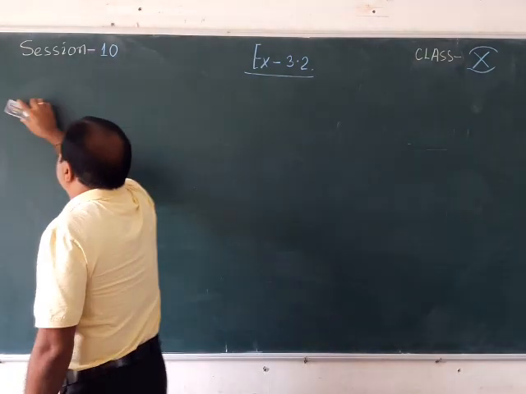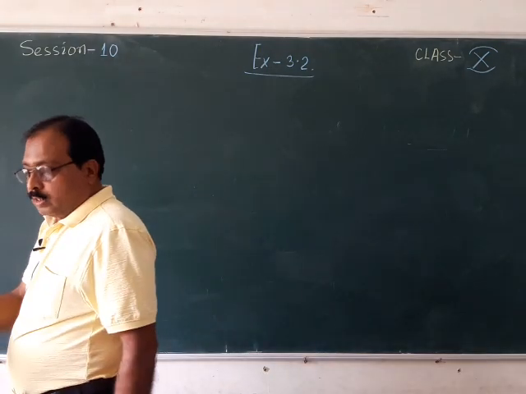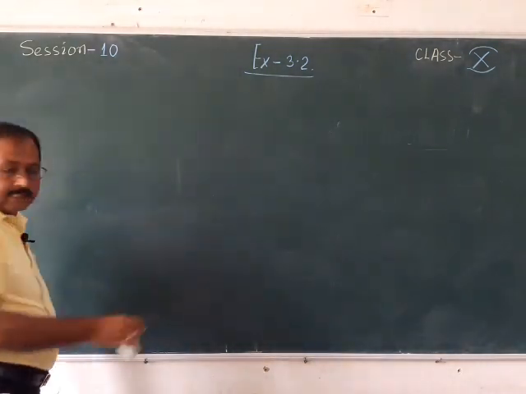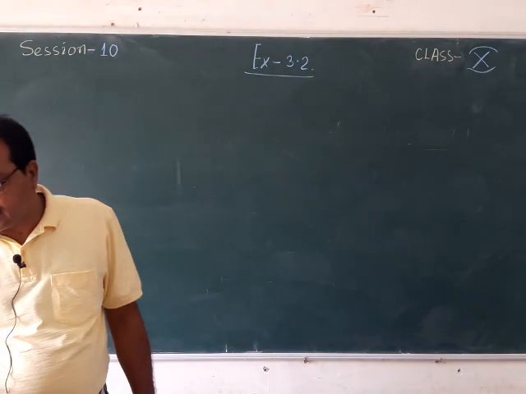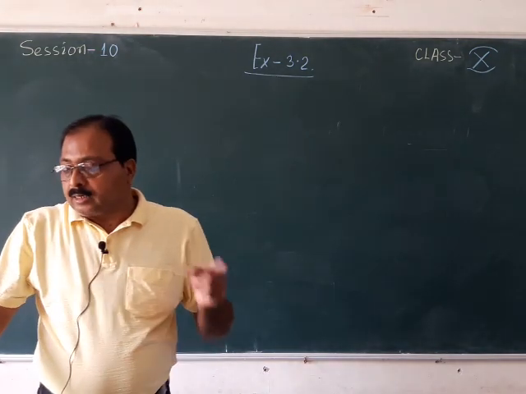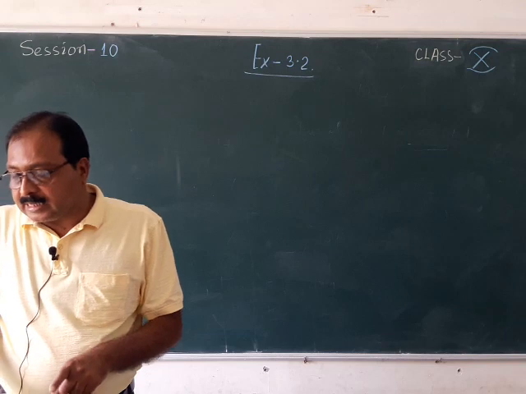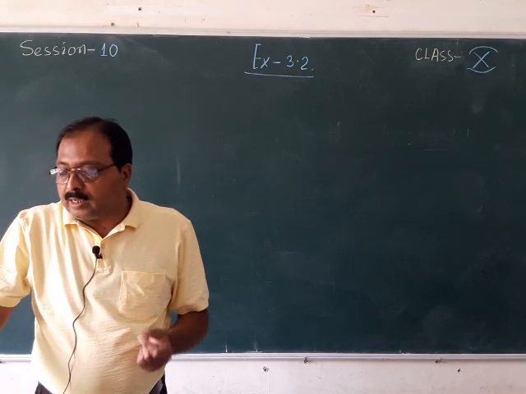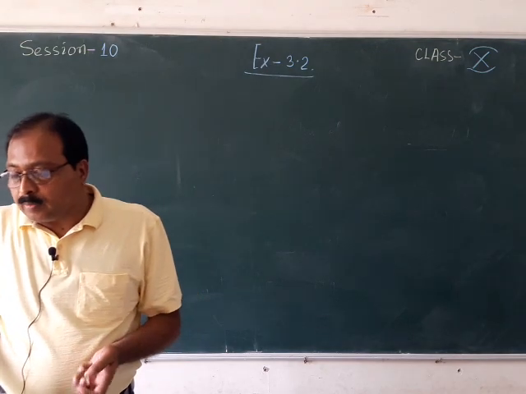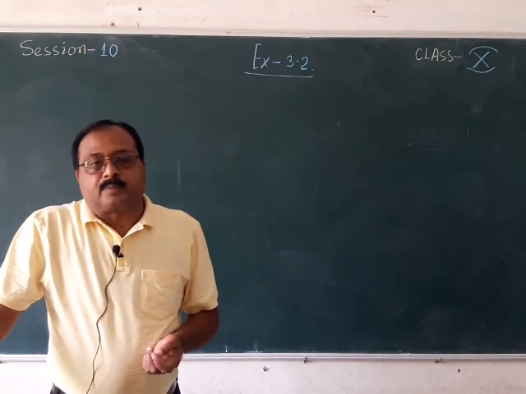So in question number 4, what is there? Which of the following pairs of linear equations are consistent, inconsistent? If consistent, obtain the solution graphically.